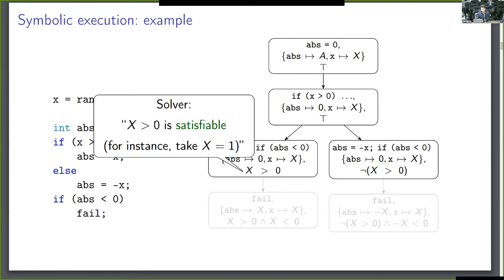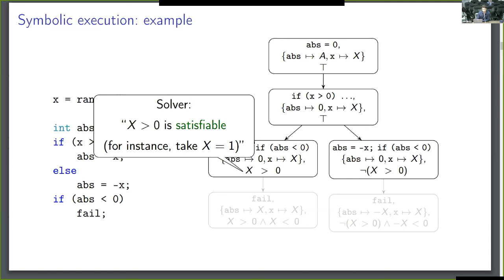So if we have such an oracle, we ask it if every path condition of a forked branch is satisfiable. Here, for example, our solver says that, of course, we have some positive number, for instance, 1. And this already can be a test input that drives us into this branch.